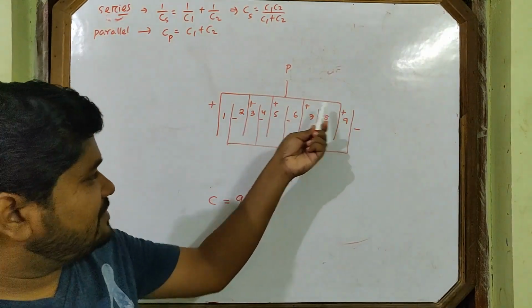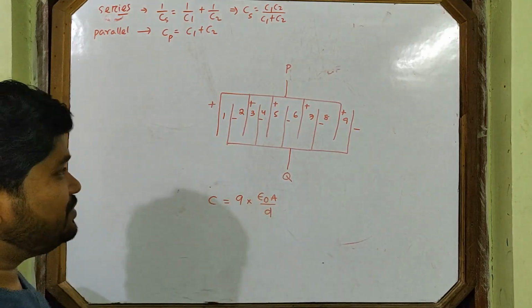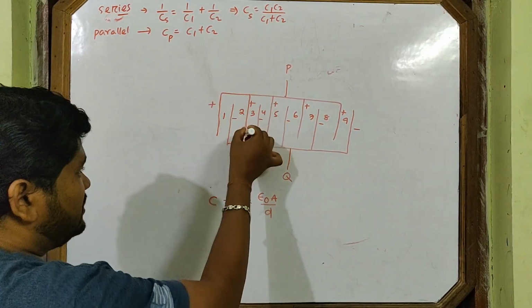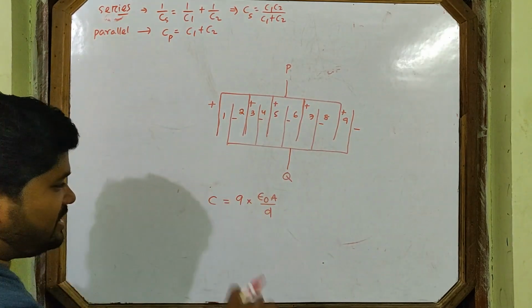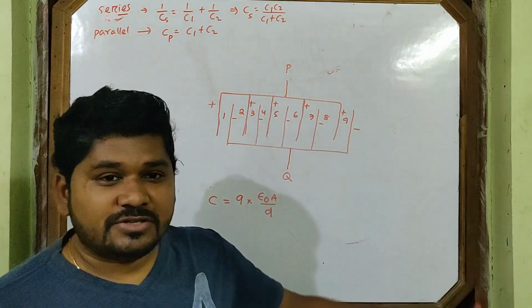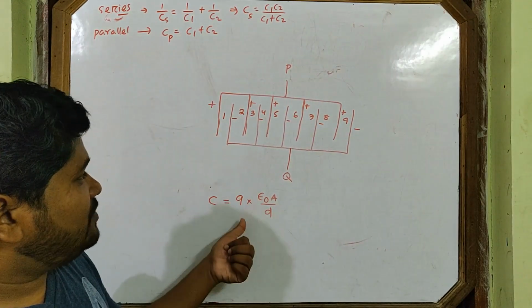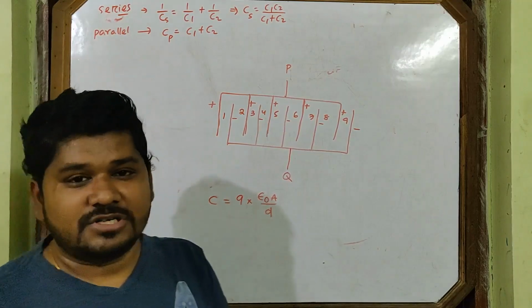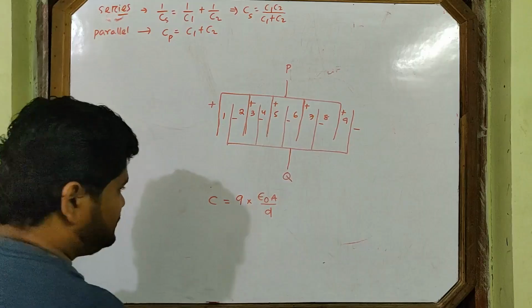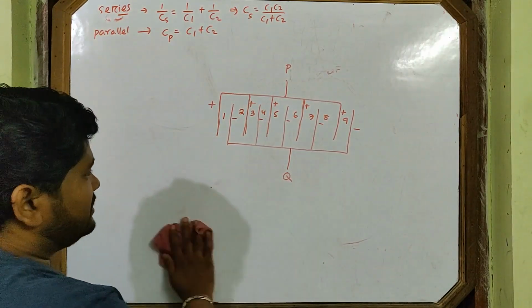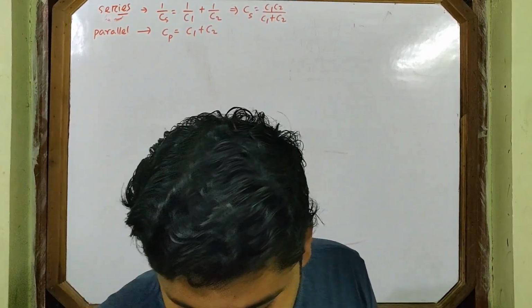Five bars come here, and the capacitance becomes 9 epsilon naught A by D. Suppose n number of bars come, then how will you find it? With 5 bars it is coming 9, so accordingly you can find the capacitance if there are n bars. Understand? So this is about the comb capacitor. Now we go to the next one.